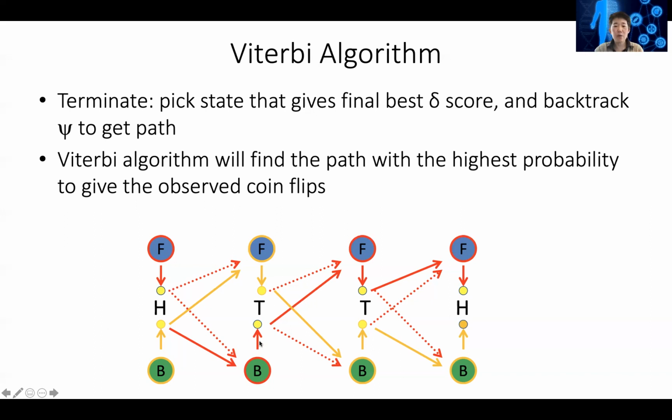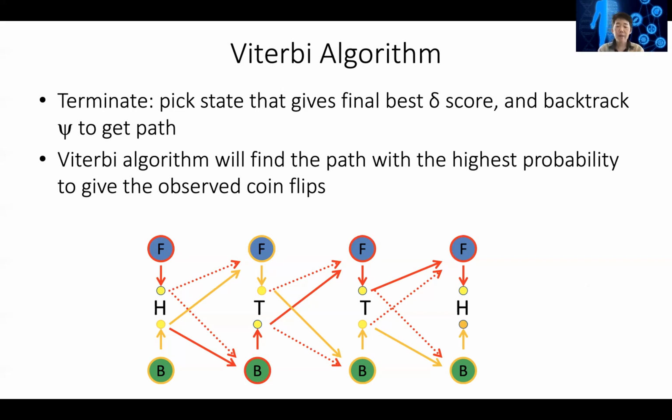And the Viterbi algorithm will find the path that gives you the highest probability of flipping out this particular string of coins. Because at every step, you pick the winner, and at the very end, you pick the ultimate winner and you backtrack.